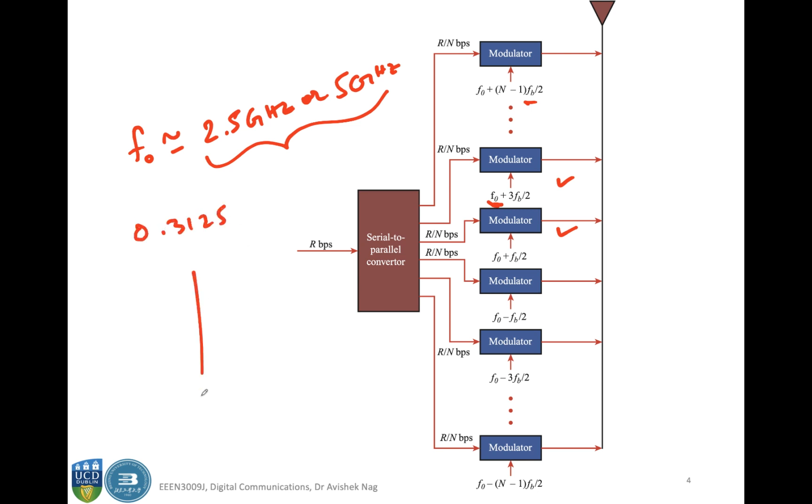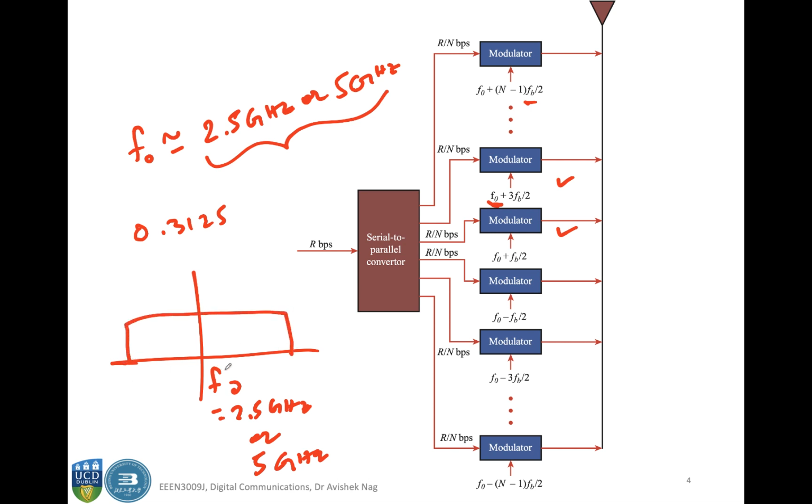So basically you have this F0, which is, let's say, equal to 2.5 gigahertz or 5 gigahertz, and the bandwidth is 20 megahertz across this. Then this is divided into 15 megahertz, and this is divided into 48 subcarriers.